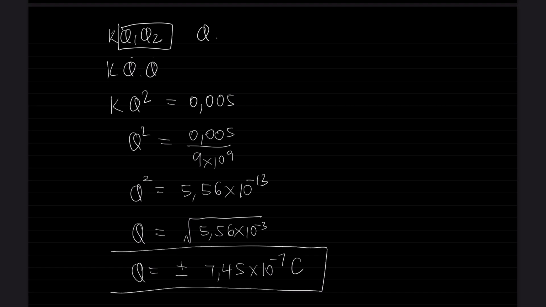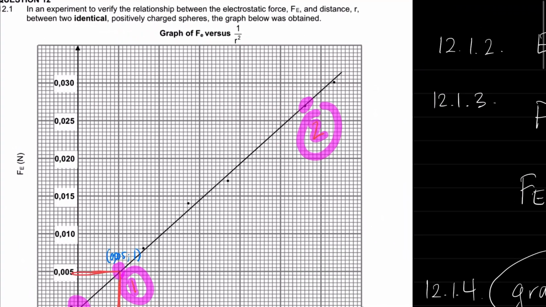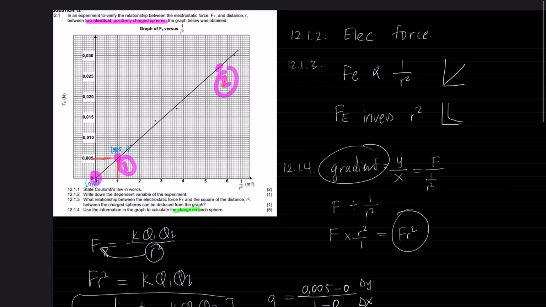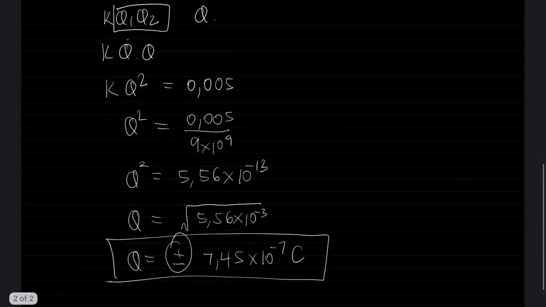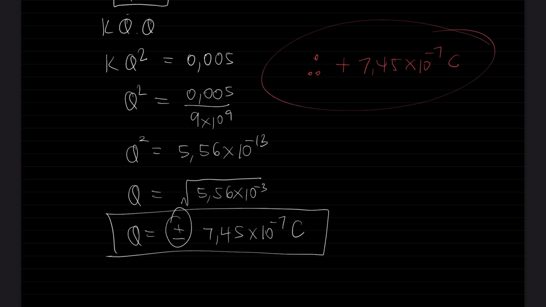So that's our charge. But we can't have plus or minus. We need to decide what the answer is. So we go back to the question, and the question tells us that they are identical positively charged spheres. And so we will just choose the positive value. Therefore, the answer is going to be plus 7.45 times 10 to the minus 7 coulombs, or thereabouts.